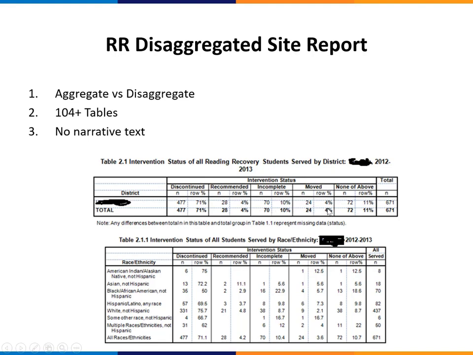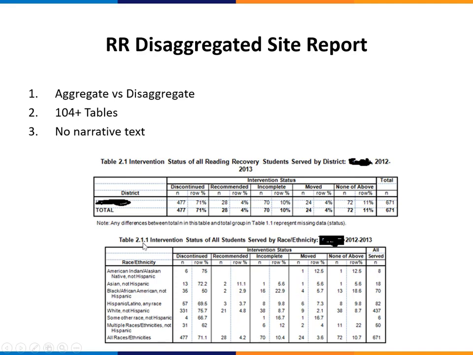So to show you a quick difference, here is table 2.1 from your standard site report. It reports out some data by school district, and it's looking at the intervention statuses, how many kids were in the different intervention statuses and what percentage of kids fell into the different intervention statuses.